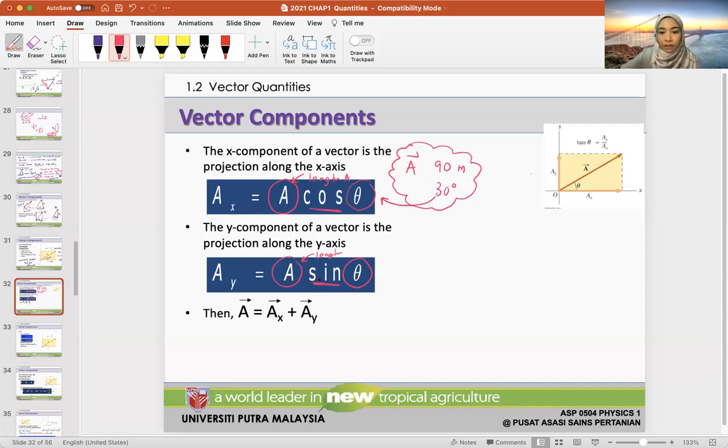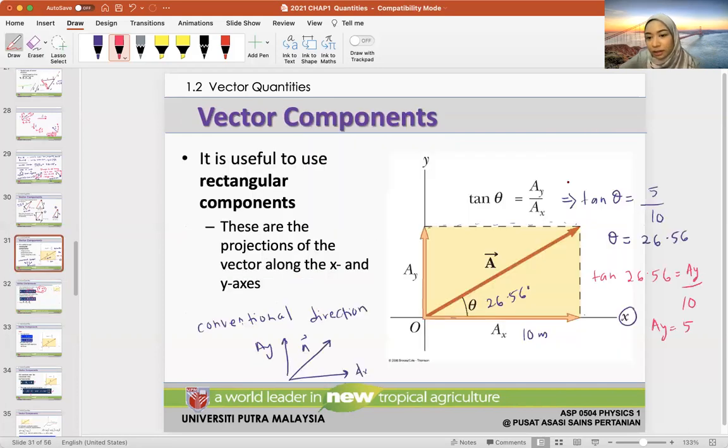Let's use the one from before. A vector is 26.56 degrees. We already know AY is 5 meters, AX is 10. I don't know the length yet, it's supposed to be a secret. Let me compute: 5 squared plus 10 squared.